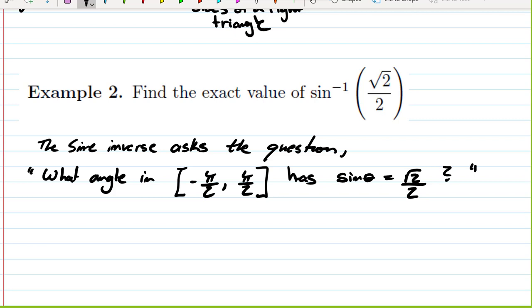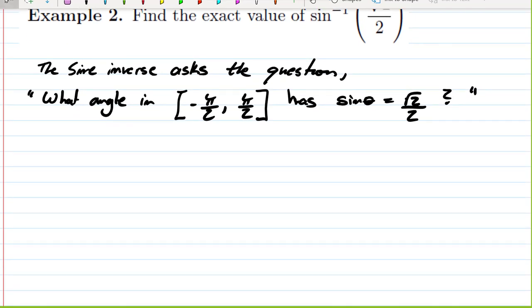So the inverse trig function is asking us what angle in between negative pi over 2 and pi over 2 has a sine equal to root 2 over 2.